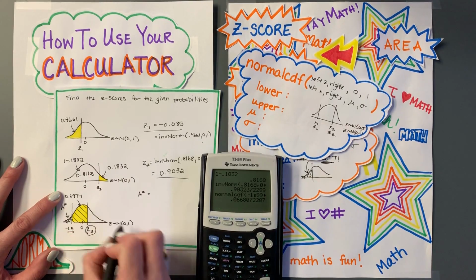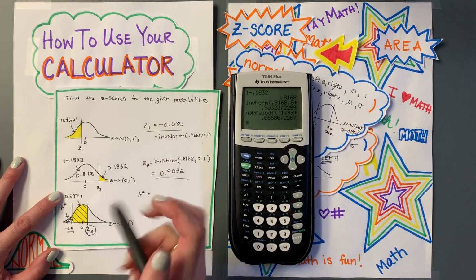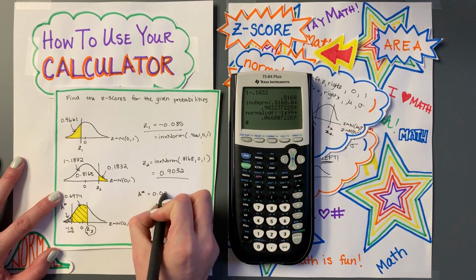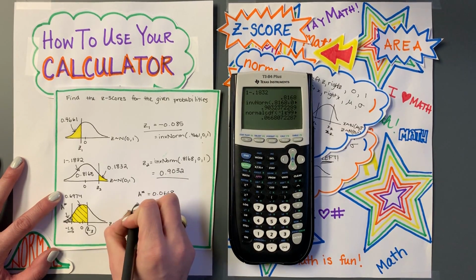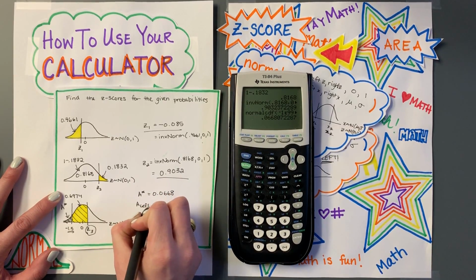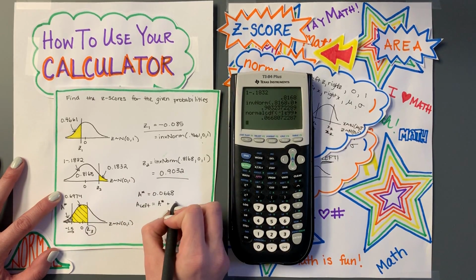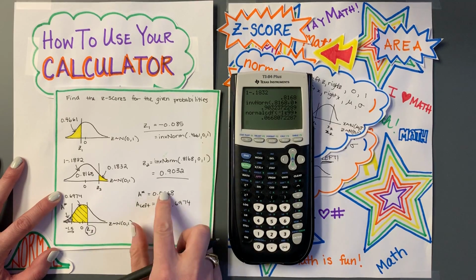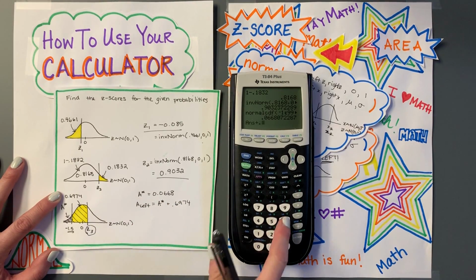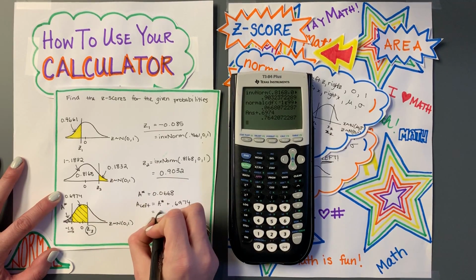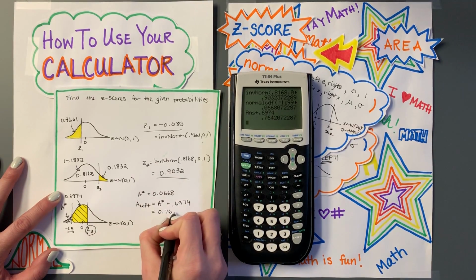So that is 0.0668. So the total area to the left is that A star plus 0.6974. So I'm going to add these two values up, and I get 0.7642.